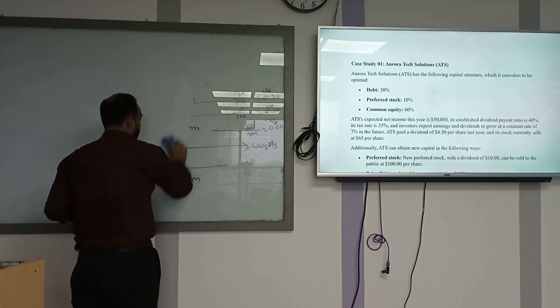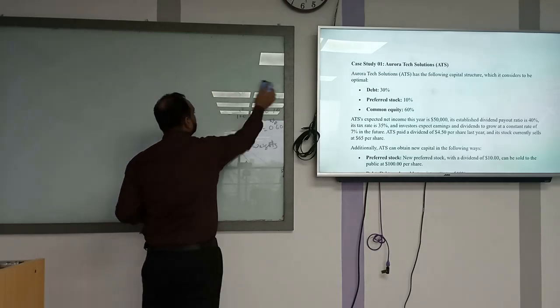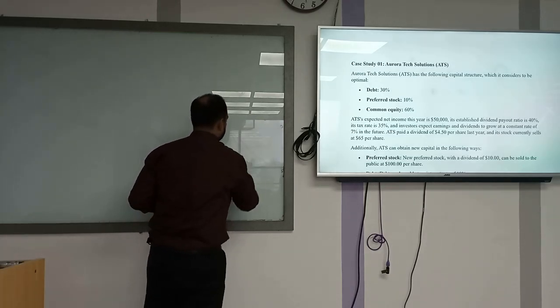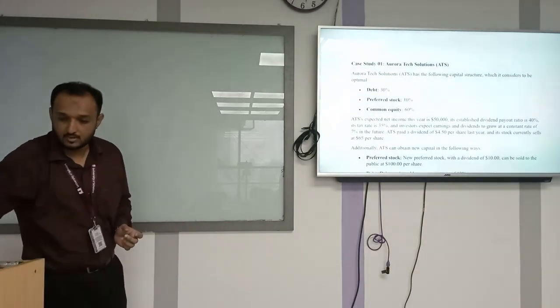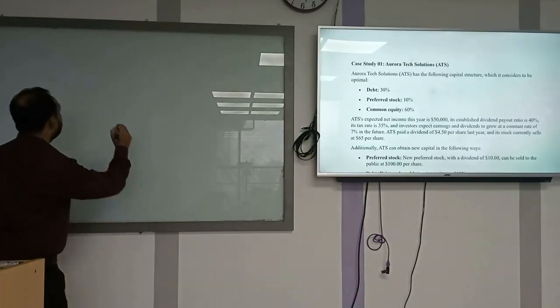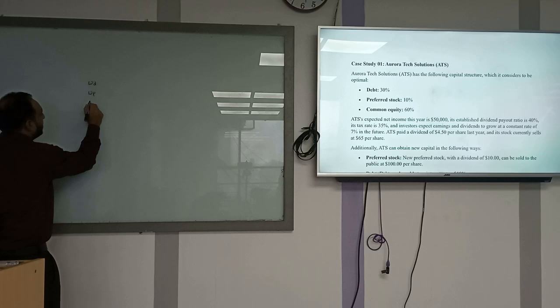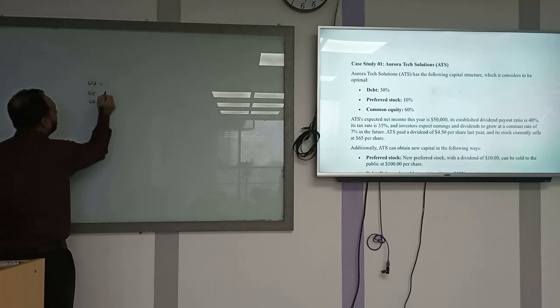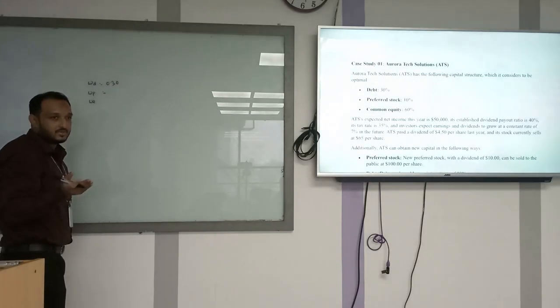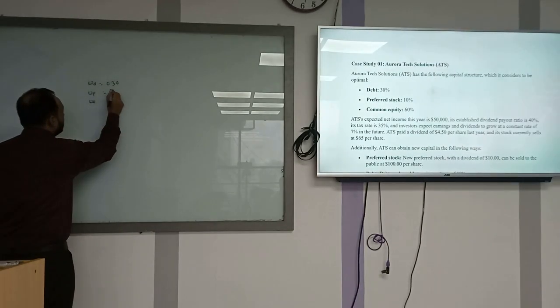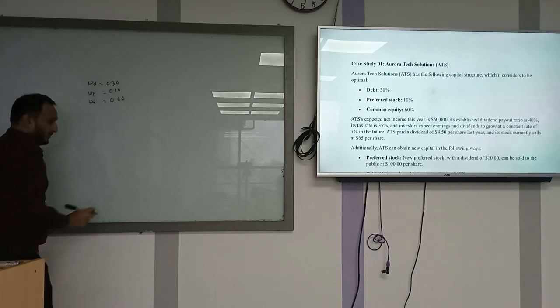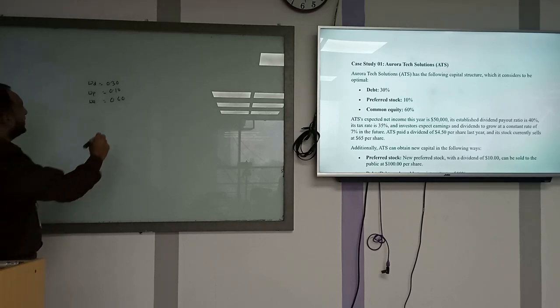Key information is there. So যেহেতু দেয়া আছে, so আমি এখানে লিখে ফেলি। ফার্স্ট কি দেয়া আছে? Weight of debt, then weight of preferred equity, weight of common equity. Weight of debt কতটুকু দেয়া আছে? 0.30, 30% যেমন 30 divided by 100, then 0.10, then 0.60. আমাদের কি বের করতে হবে?